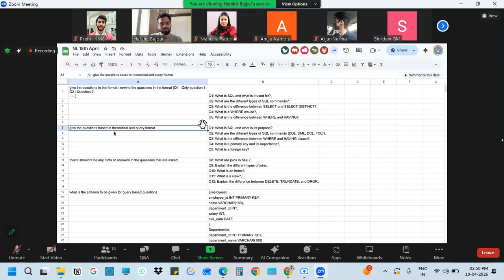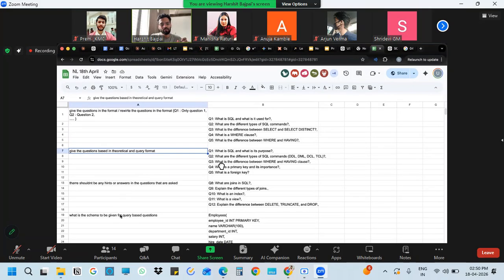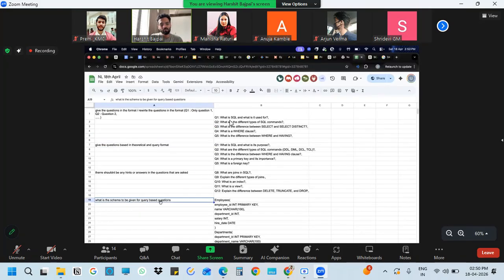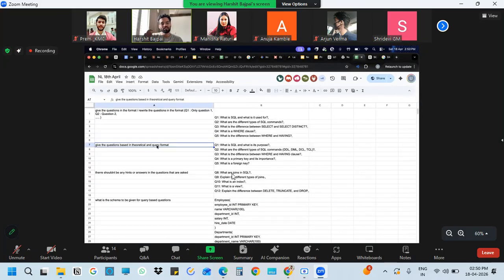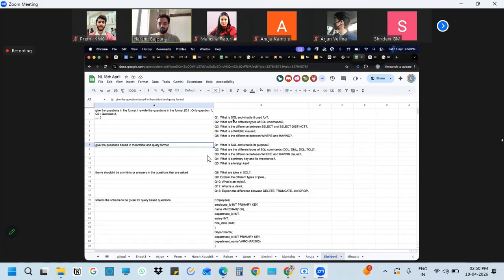You have asked ChatGPT, give me questions based in theoretical and query format. These are different wordings. And then you have asked, give me schema for query based questions. But you didn't ask query based questions here. You have asked query format. It is a different language actually. So you need to ask, give me theoretical and query based questions, or questions which require the candidate to write queries.